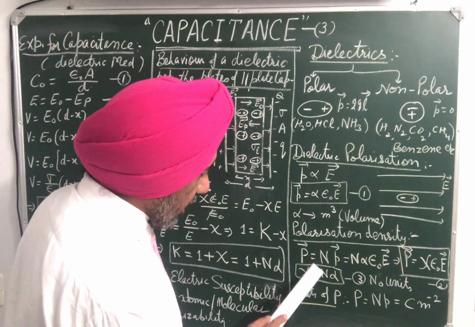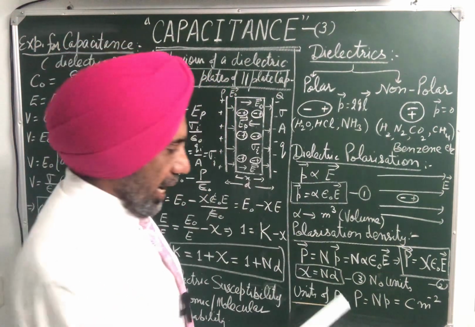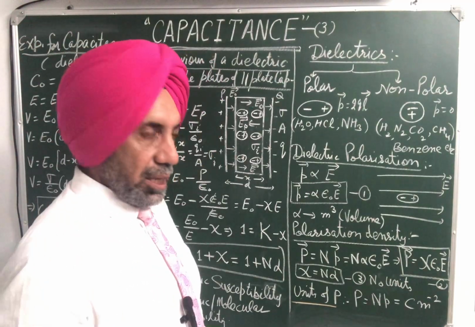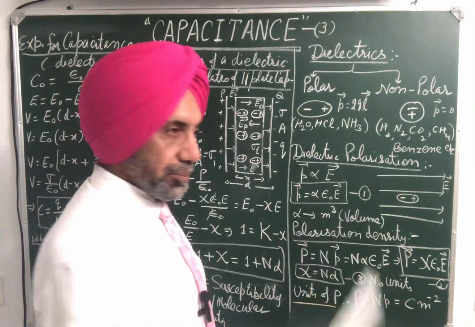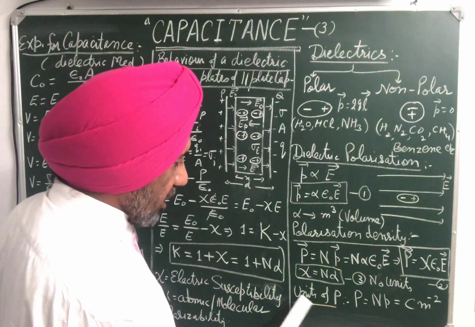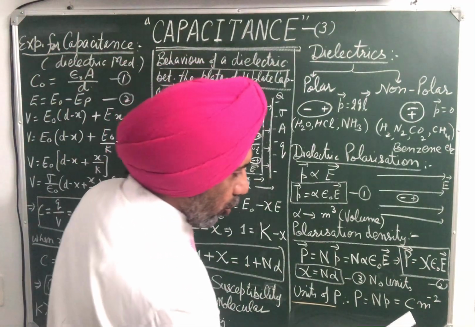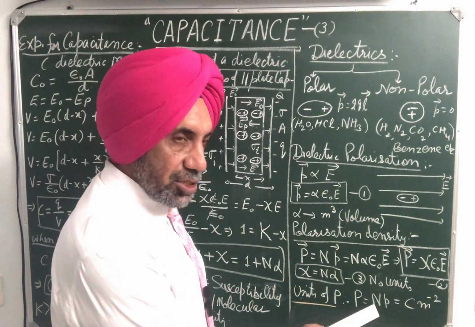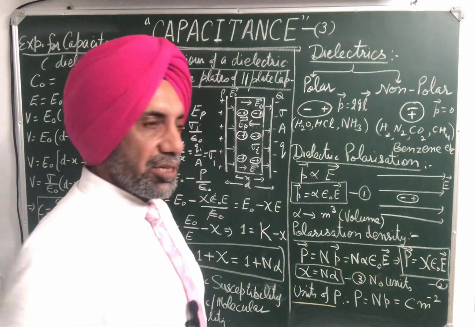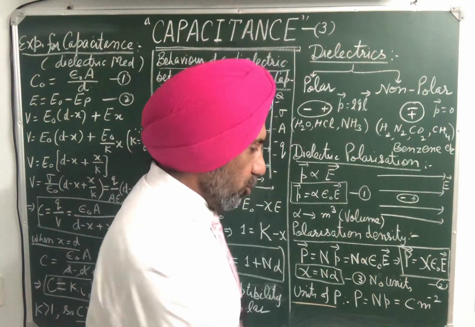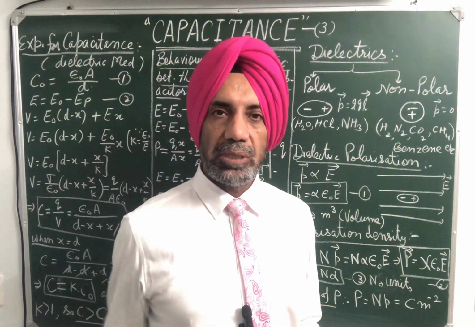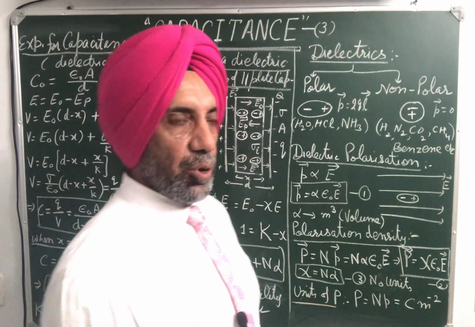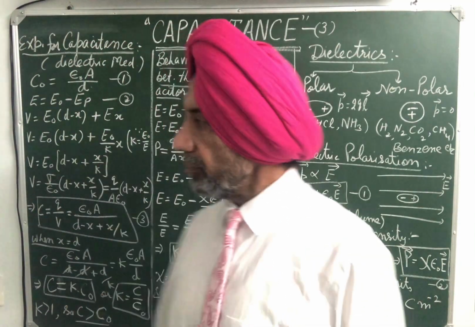This gives the relation between electric susceptibility and atomic polarizability. Chi has no units, whereas alpha has units of volume. Polarization density has units of coulomb per meter square, because N has units of meter minus 3 and p has units of coulomb meter, so it will be coulomb meter minus 2, or coulomb per meter square. This is the unit of polarization density.